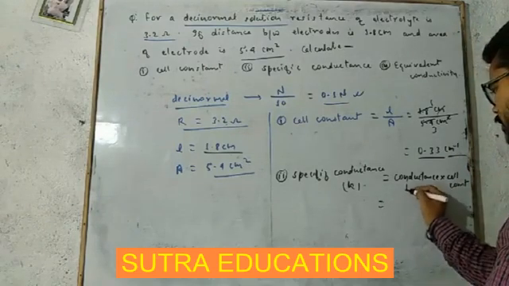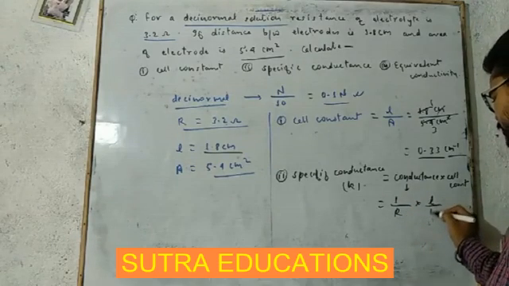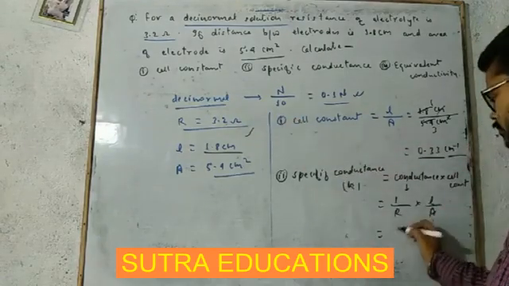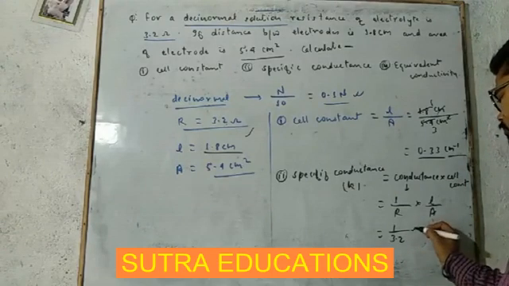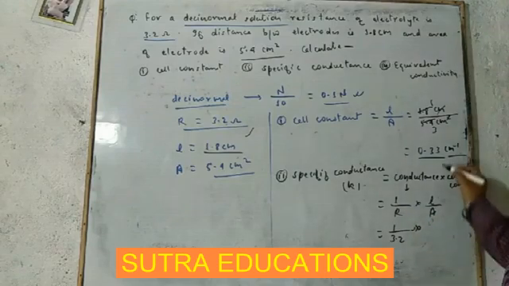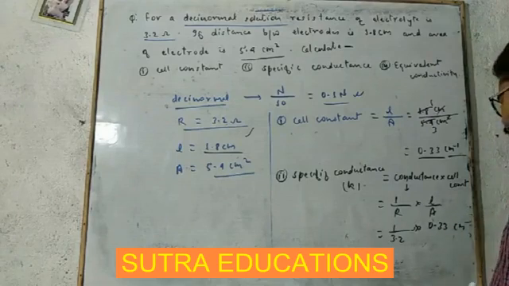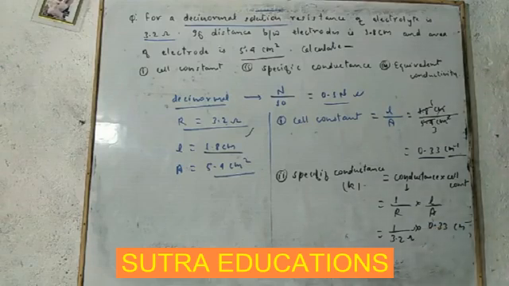So conductance is 1 by R into cell constant, which is L by A. So we know value of resistance is given 3.2, so 1 upon 3.2 ohm multiplied by L by A, we have calculated 0.33 cm inverse. So this is specific conductance kappa.